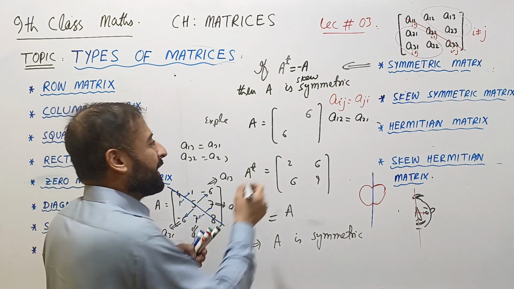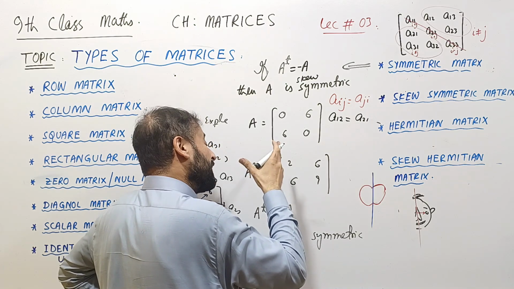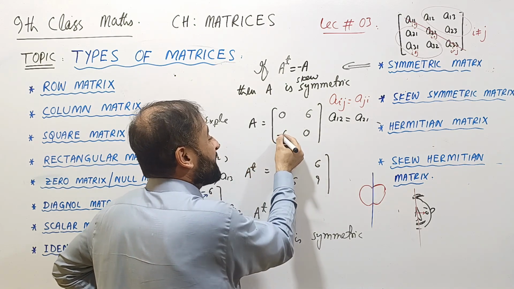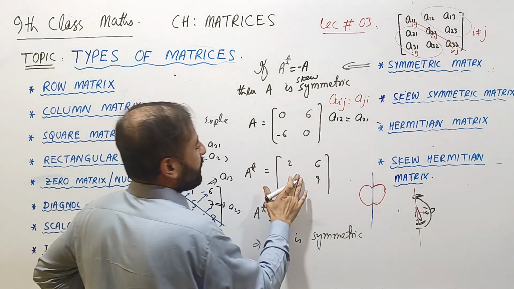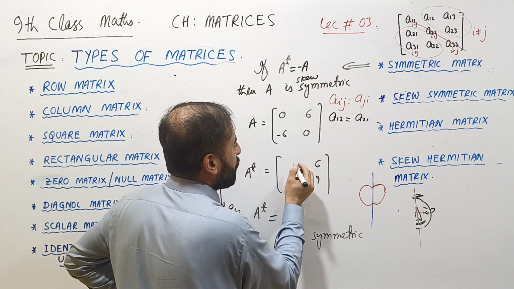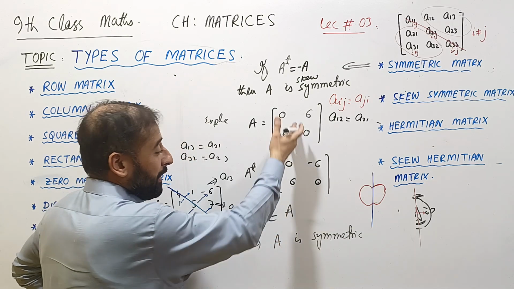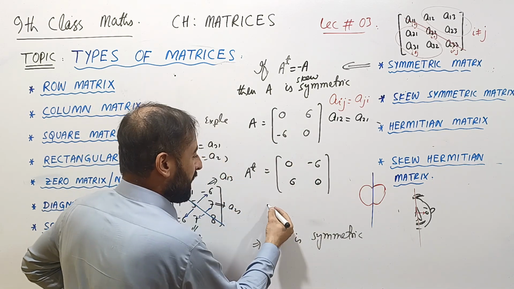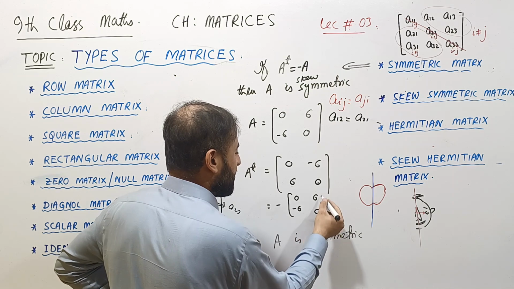Now, in a skew symmetric matrix, the elements of the principal diagonal are 0. And those not on the principal diagonal are opposite in sign to each other. If you take the transpose, the first row becomes the first column and the second row becomes the second column. Now they are not equal. But if you take minus common, it will be 0, 6, minus 6, 0.